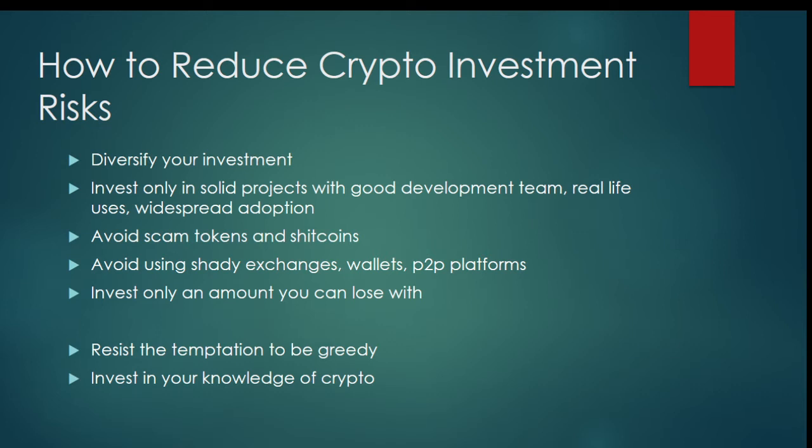So you want to be very careful when you're investing in shitcoins. It is preferable you don't invest in shitcoins, but if you must invest in those coins, you should be using a very marginal amount of your asset.